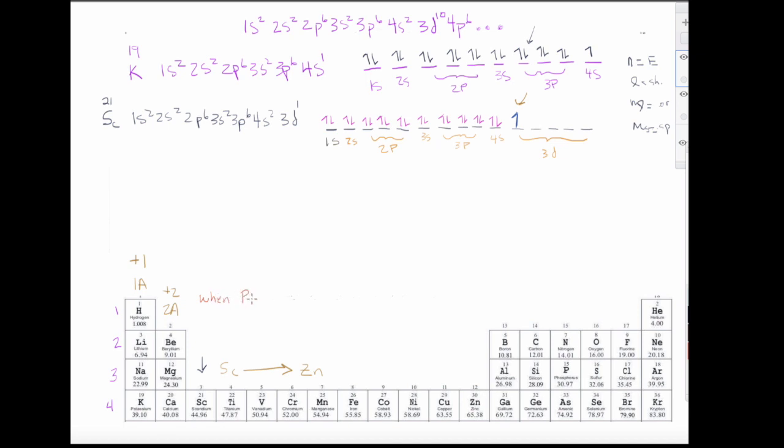So when period 4 elements, period 4 metals, let's do it that way, ionize, they preferentially lose electrons from the 4s subshell before losing electrons from the 3d.